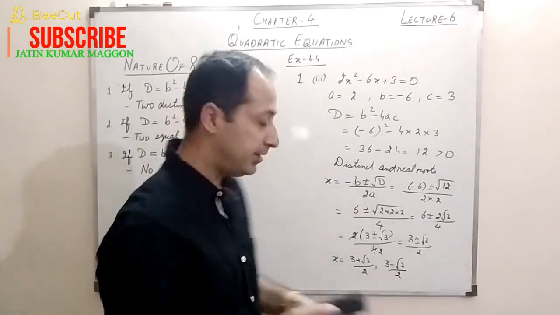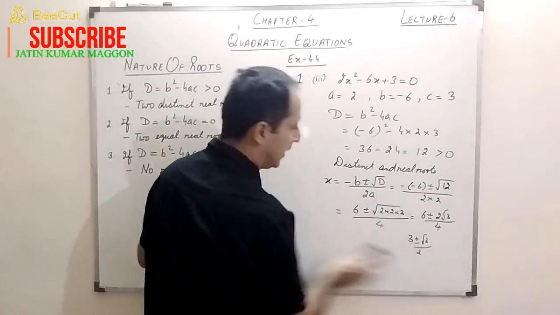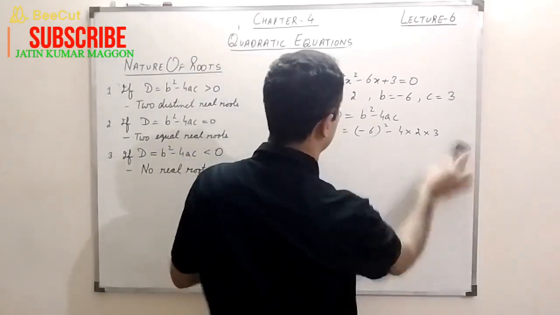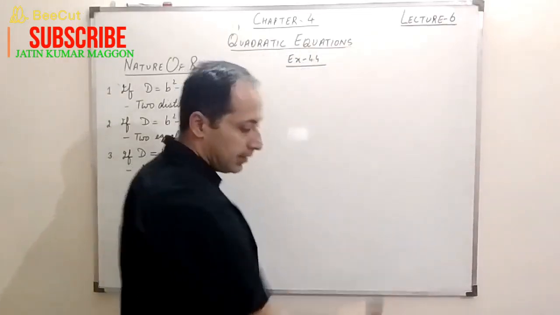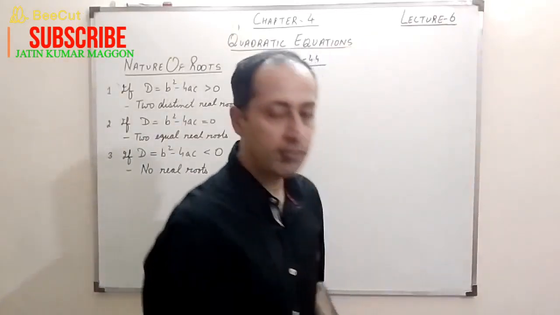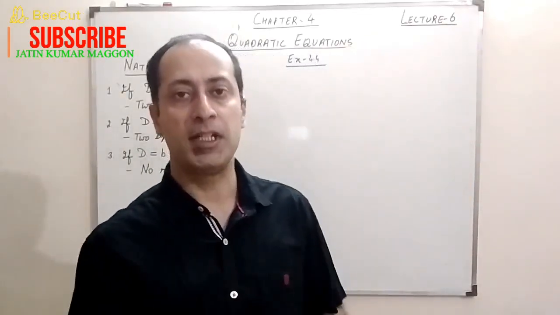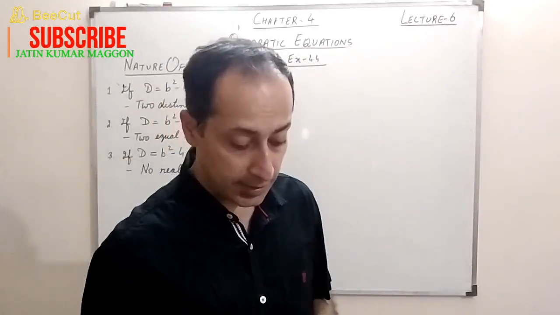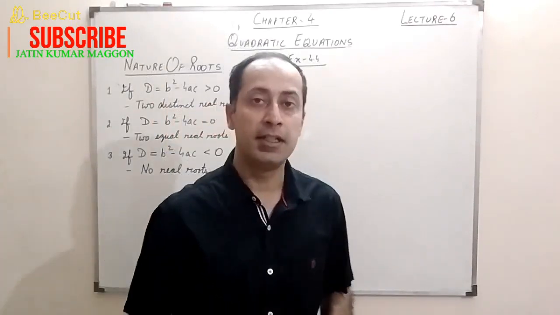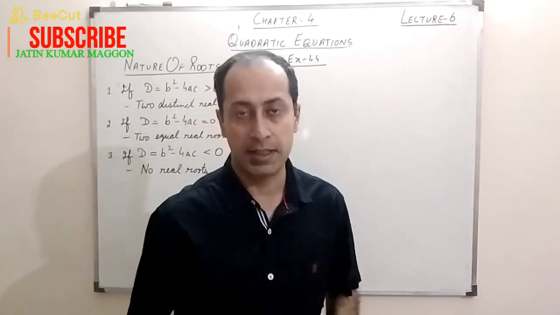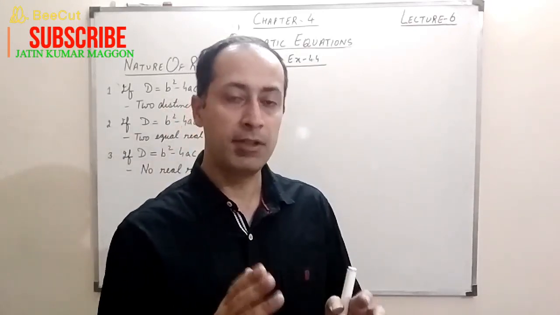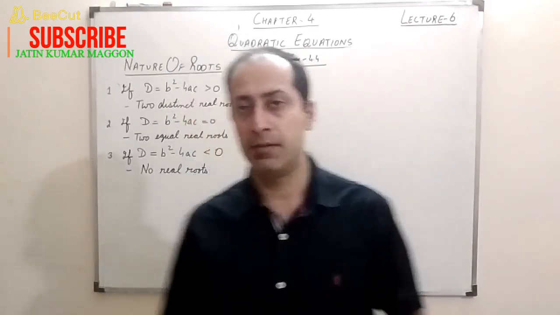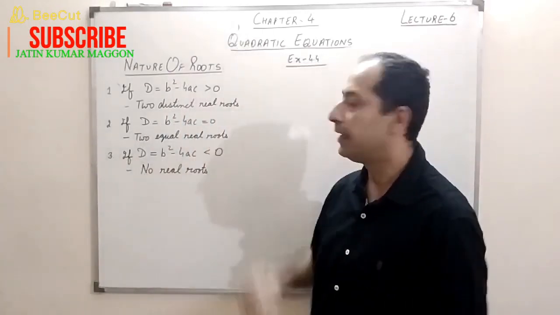Now how we can do it? Let's see the second question of this exercise. Now in the question it is given, we have to find the value of an unknown constant k, and the condition which is given to us is that the equation has two equal roots. Now we know that if the roots are equal, in that case what do we have? D equals 0.